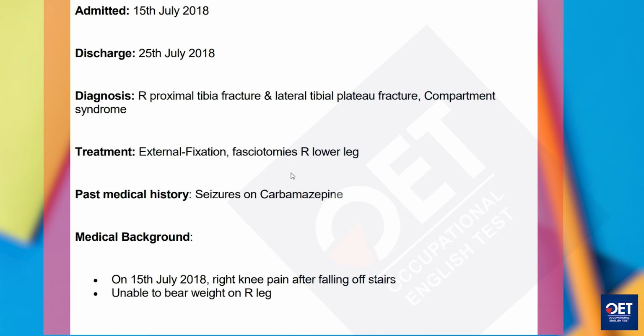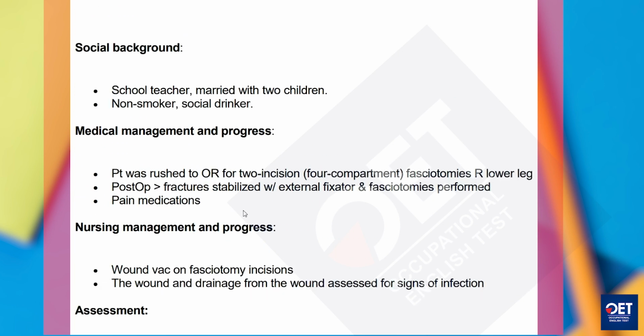Past medical history says she has seizures on carbamazepine, and her medical background is saying that on 15 July 2018, right knee pain after falling off stairs, unable to bear weight on right leg. Social background. She is a school teacher, married with 2 children, non-smoker and social drinker.